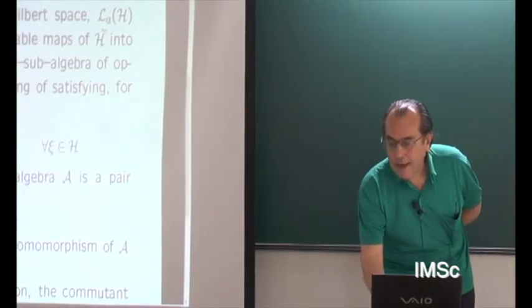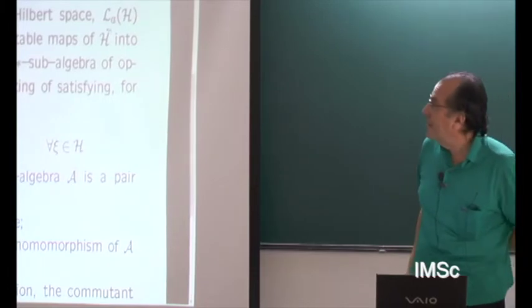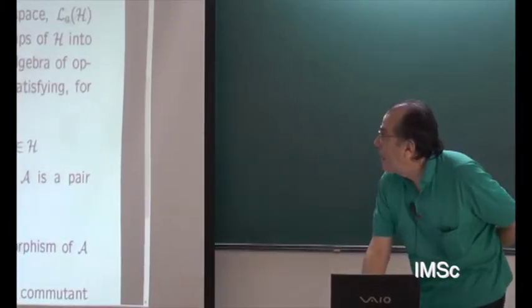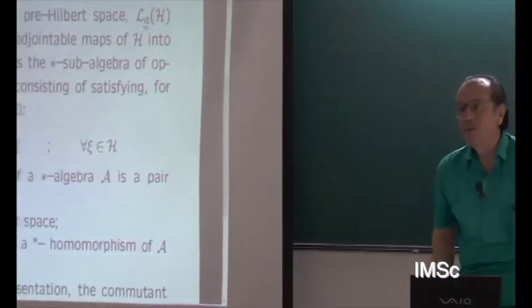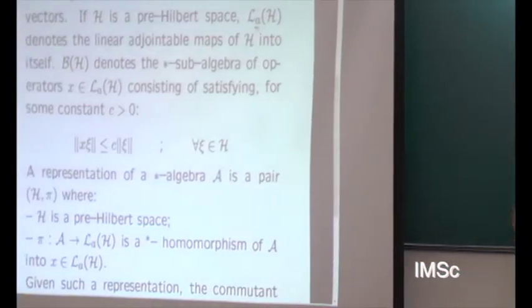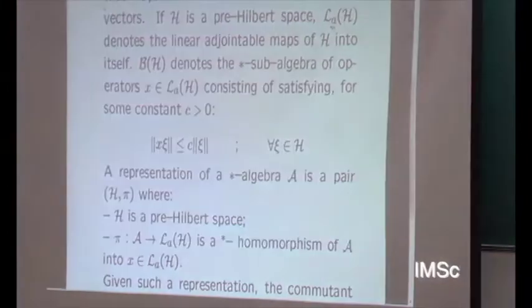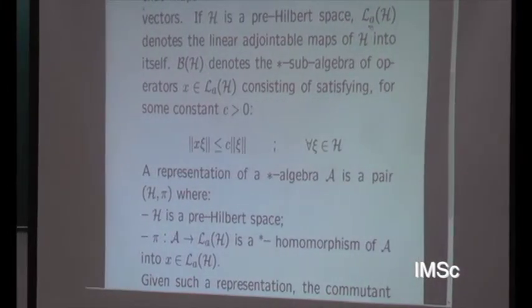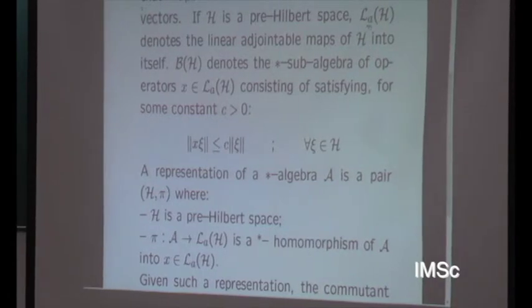And we will use these notations. We call L of A, of H, the adjointable operators defined on the Hilbert space. So by definition, these operators leave the pre-Hilbert space invariant. Okay?